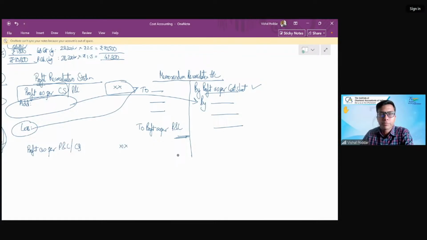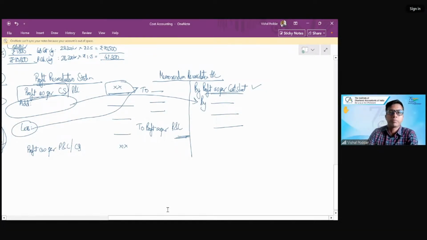So this memorandum reconciliation account format is generally the format which is expected at professional level, and it is based on the statement format only, with the difference that in statement you prepare a vertical format, whereas in case of accounts you prepare your ledger account format.